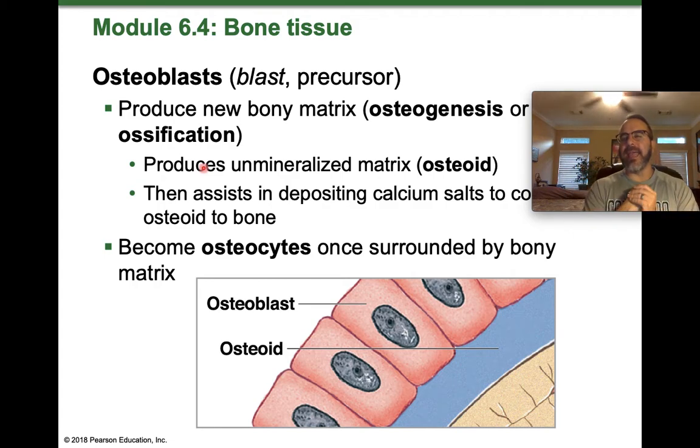It's kind of like laying down the rebar before you lay down the cement, okay? So it's going to assist in the deposition of the calcium to convert the osteoid into what we call hard bone.